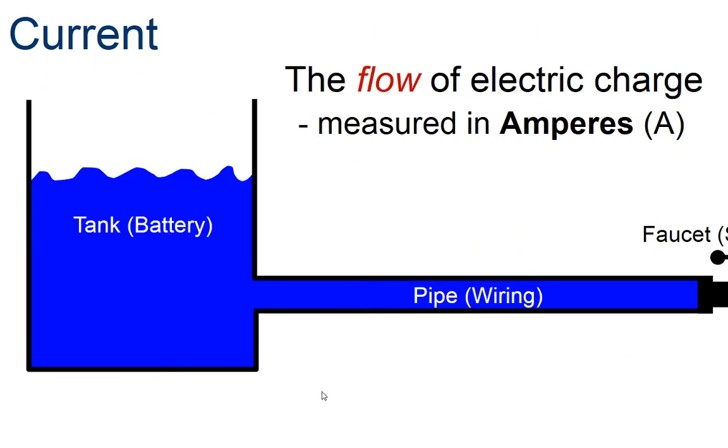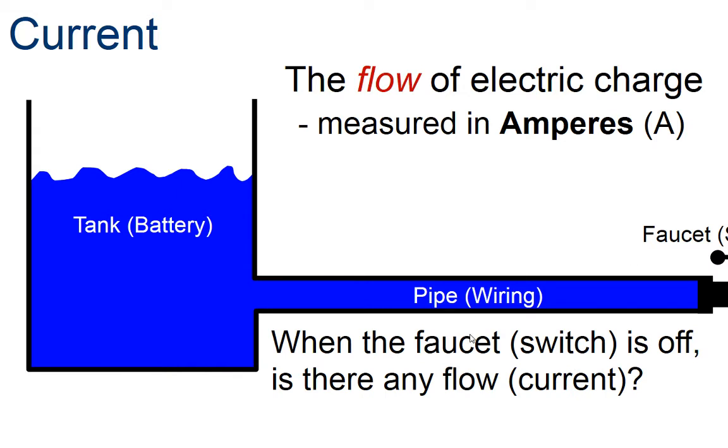When we talk about electricity, we can make an analogy with water. Electrons flowing is a lot like water flowing. If we want to measure the amperes or the current, we'd be measuring how fast the water would be flowing. Right now our faucet is turned off.